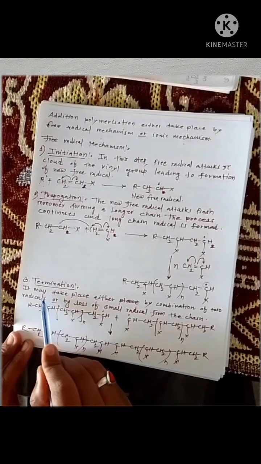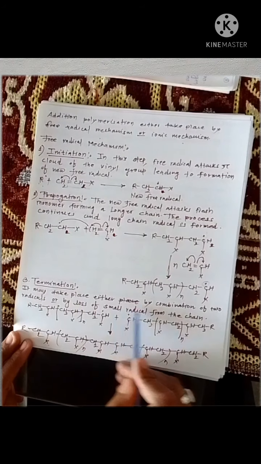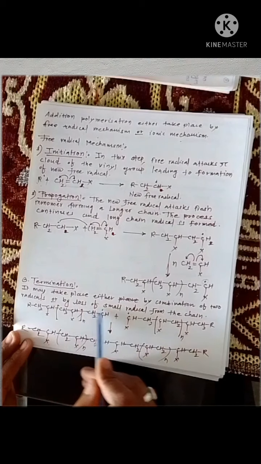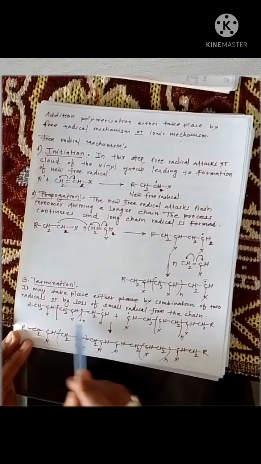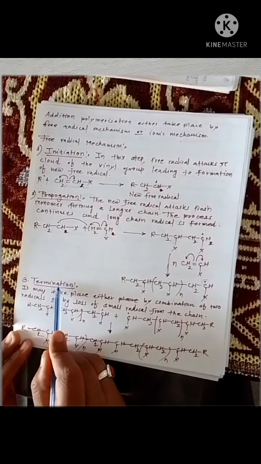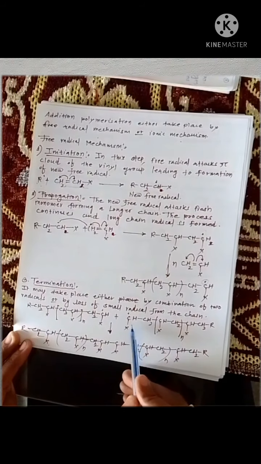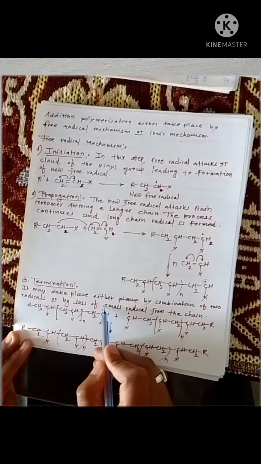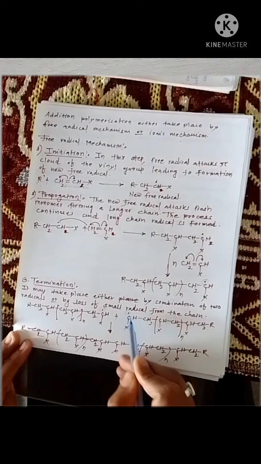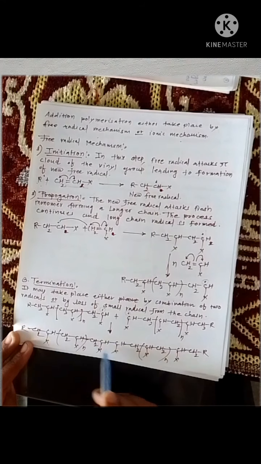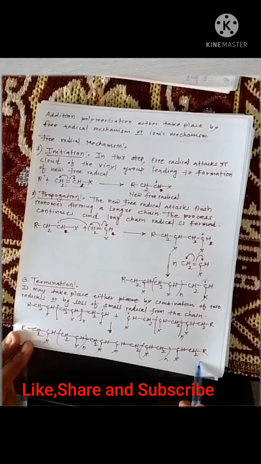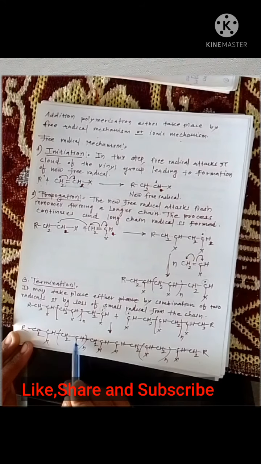Termination may either take place by the combination of radicals or by the loss of a small radical from the chain. In this termination process, we see that two growing free radical chains collide with each other, meaning they form a bond, and we get a single molecule which contains the repeating unit CH2CHX. It is the repeating unit in this polymer.